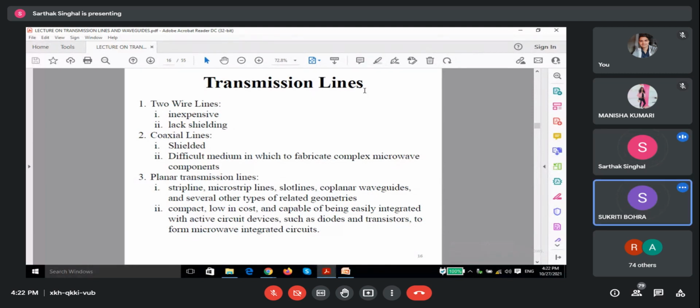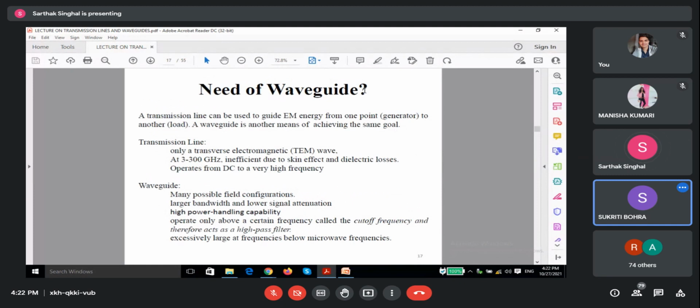So to remove that, another component was designed, which is the waveguide.